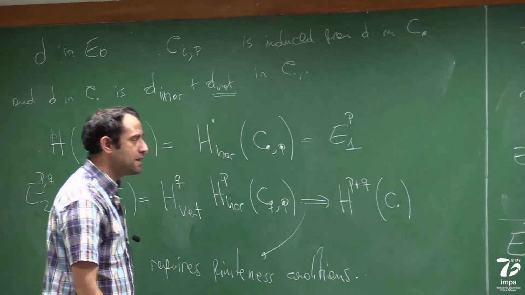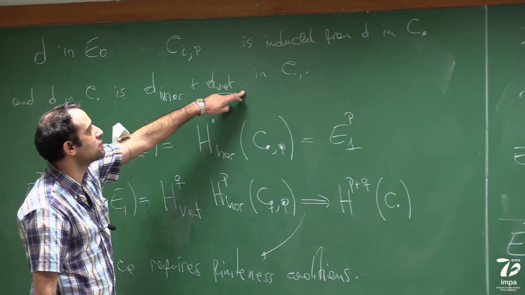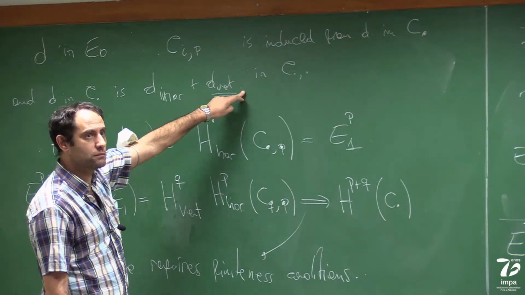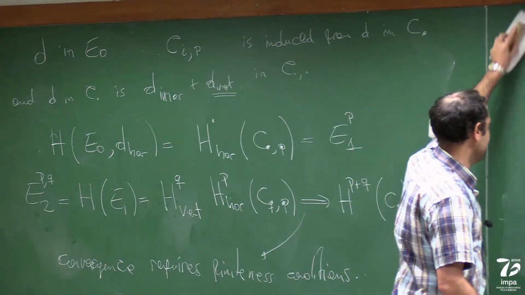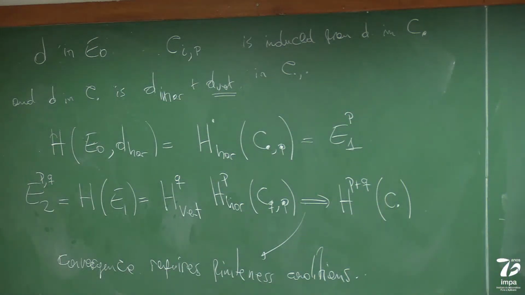For example, this C being the bicomplex being concentrated in one quadrant would work. We can do this with less, but that will work, and that's all we need now. And that's actually what I will do. So let's try to prove the original theorem that we set out to prove.